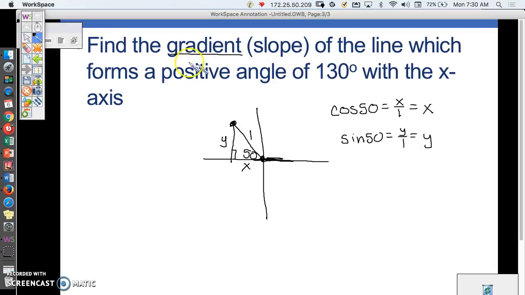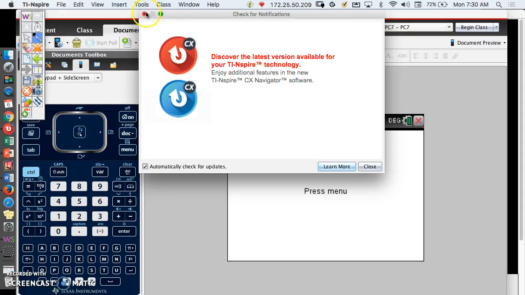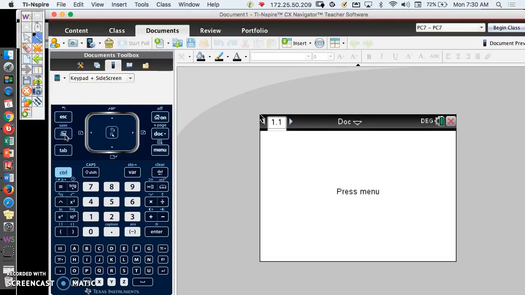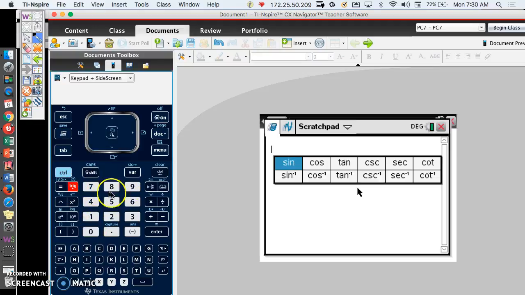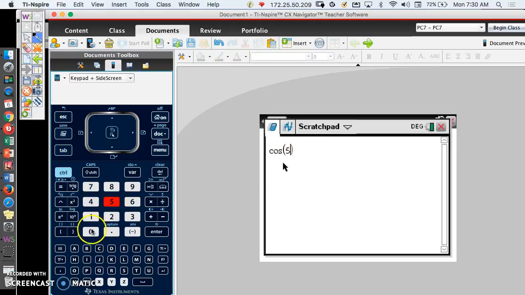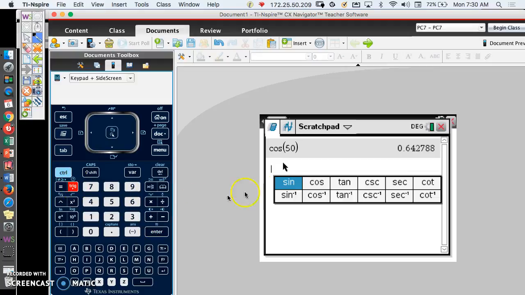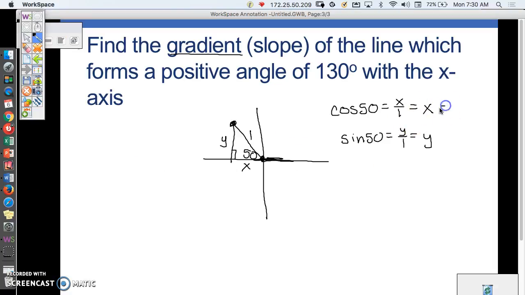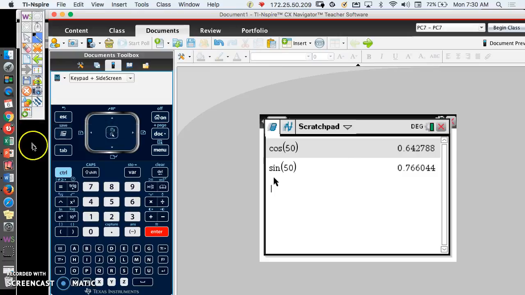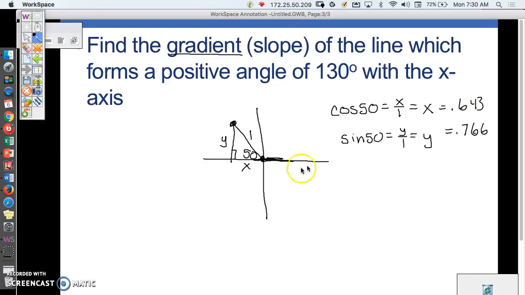sine of 50, y over 1, which is y. And if we type these in here, we're in degrees, so trig cosine of 50, trig sine of 50. So we have 0.643 and 0.766. But again, I'm going to pay attention, it's in this quadrant, so this has to be negative.